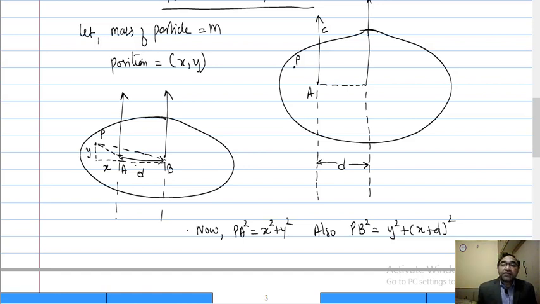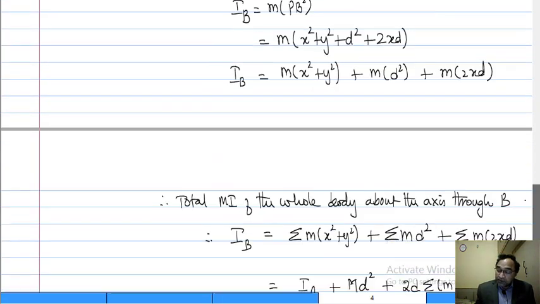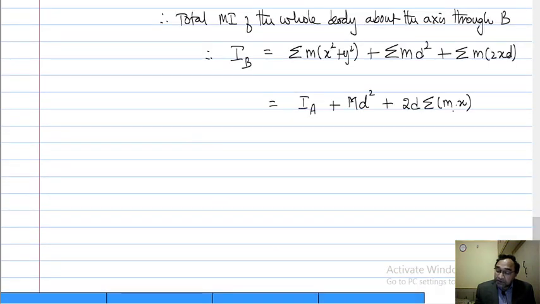Then sigma of m into x will become what? It will become 0. So, based on this logic, sigma of mx tends to 0, because x is the coordinate of a point on either side of the central axis. So, if one side is positive, the other side has to be negative, therefore, sigma mx becomes 0.